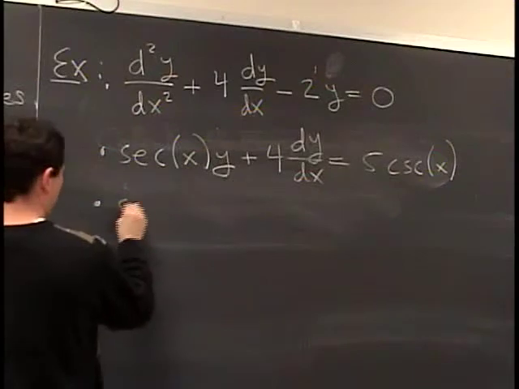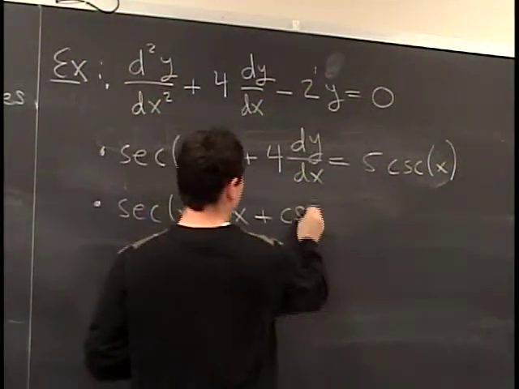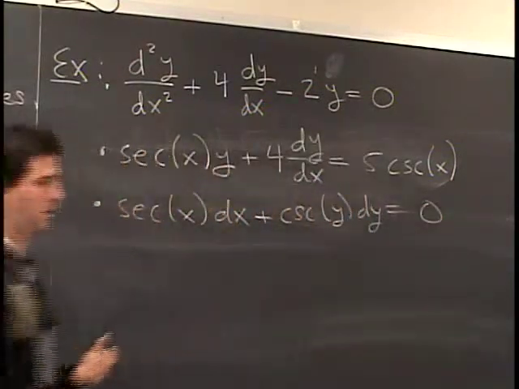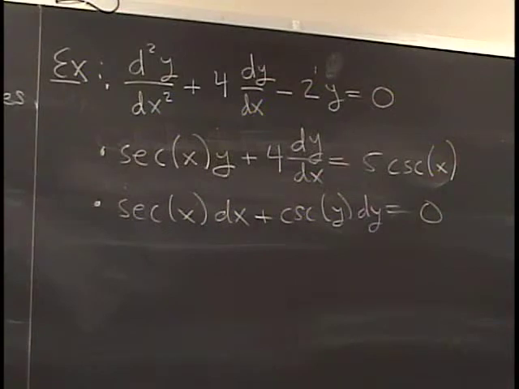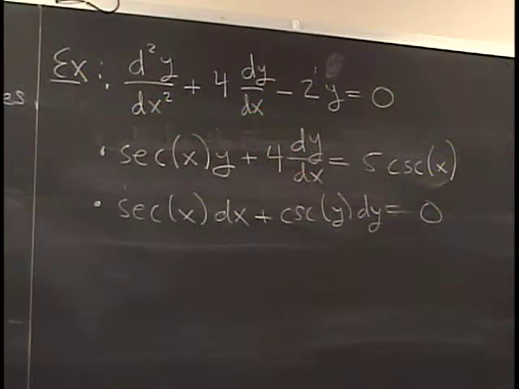Let's mess this up a little bit. Write secant of x dx plus cosecant of y dy equals 0. Now this looks a little bit different. These dx's and these dy's are supposed to come together. Remember last term we talked about differentials a little bit.